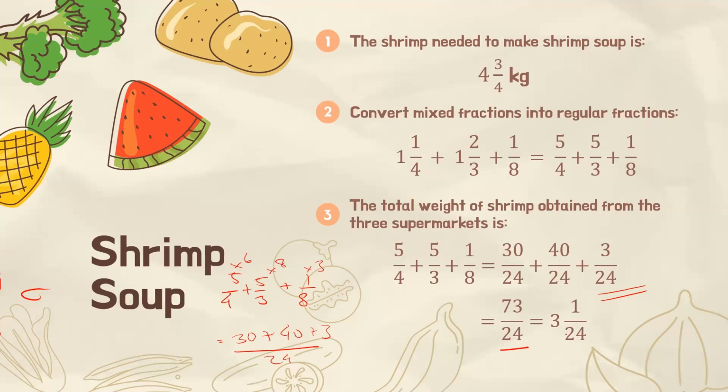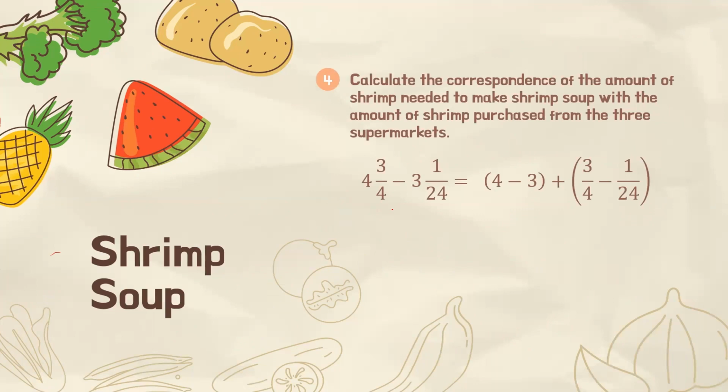Then 73 divided by 24 will result in 3 remaining 1, so the form will be equal to 3 and 1/24. Then we calculate the difference between the amount of shrimp needed to make shrimp soup and the amount of shrimp purchased from the 3 supermarkets. We got 4 and 3/4 minus 3 and 1/24.